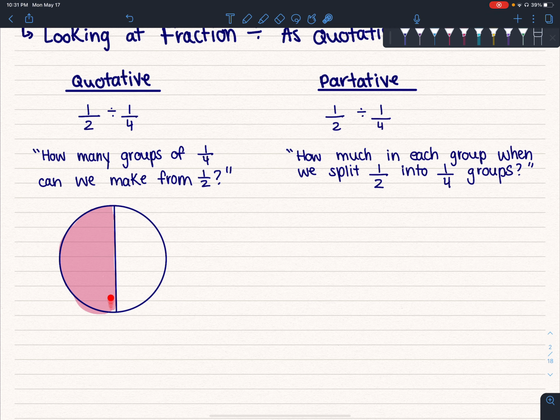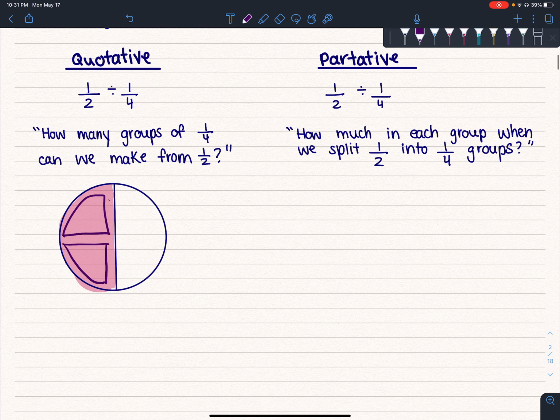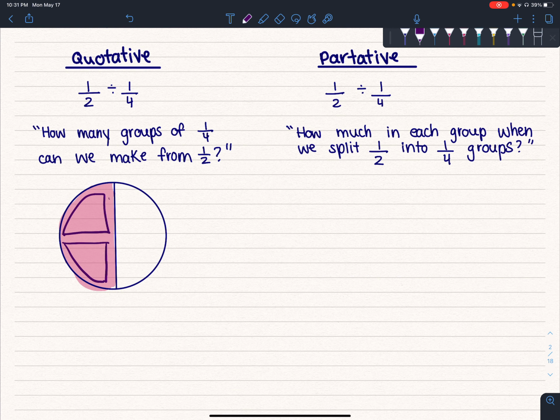So in this shaded region, how many groups of a quarter do we have? Well, we have 1/4 here, and we have 1/4 here. So how many quarters do we have in a half? We have 2.